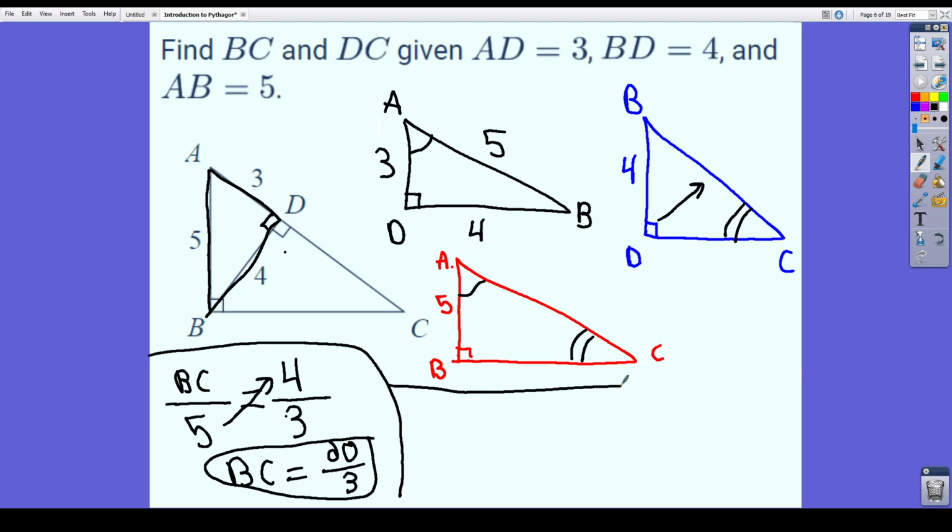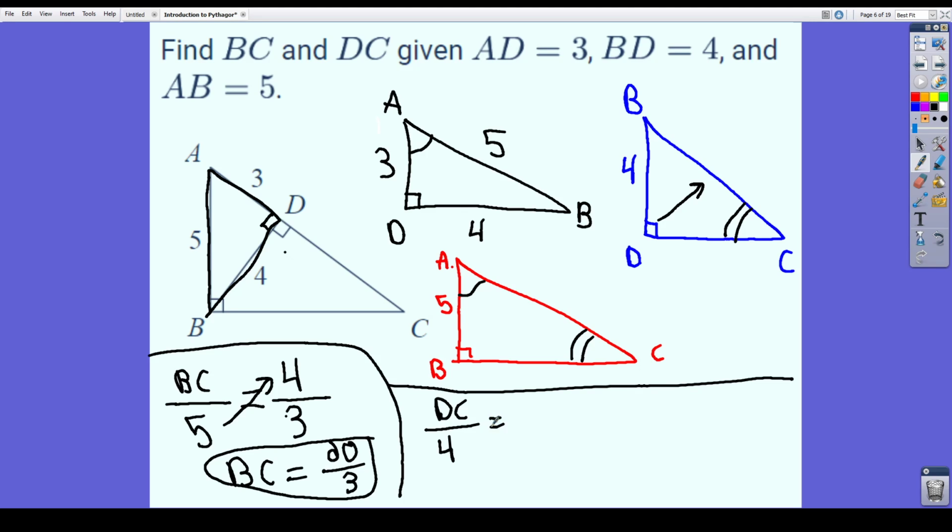Well, then I have to ask myself, how can I find DC? We're going to start out with DC, pick a triangle to work with. I can pick the blue triangle again and look at this side DC. Well, what side would that match up with? If I look at ADB again, that would match up with DB, 4.